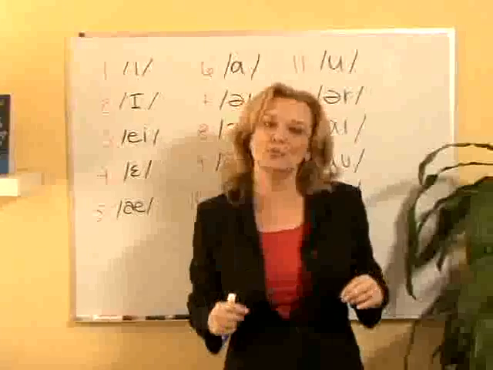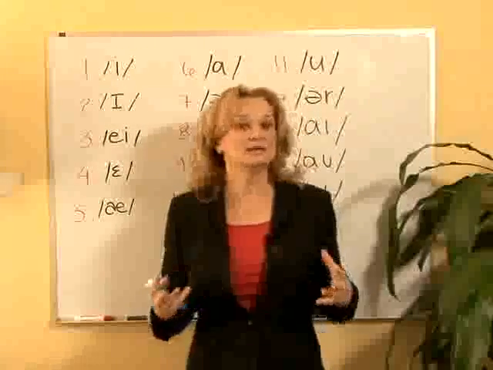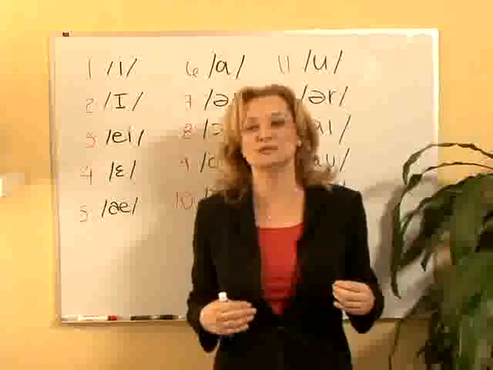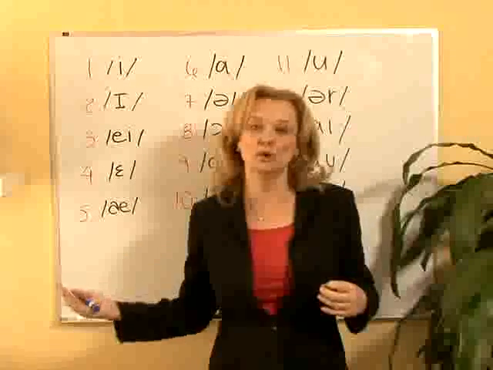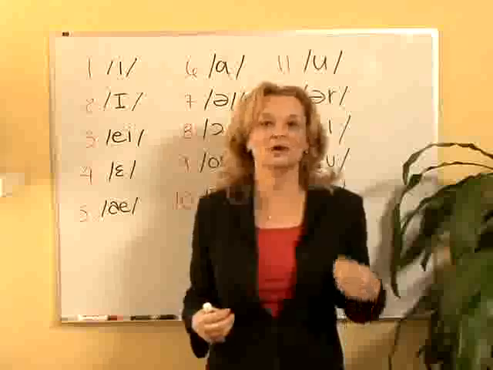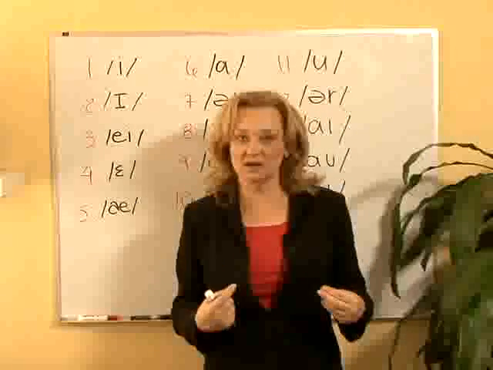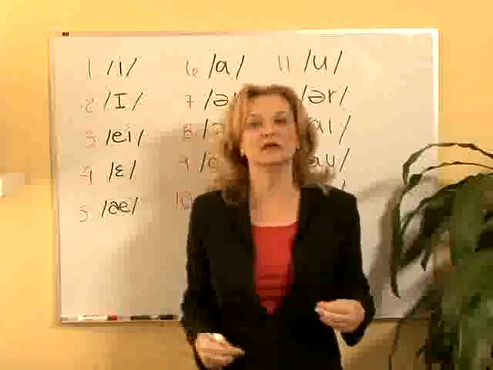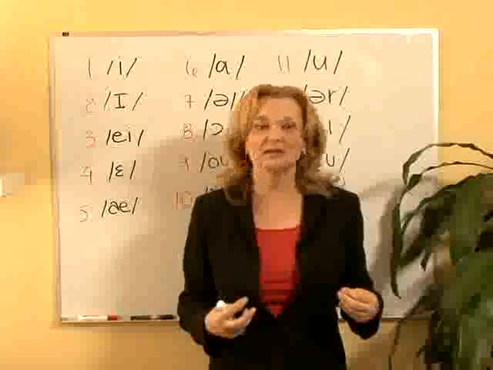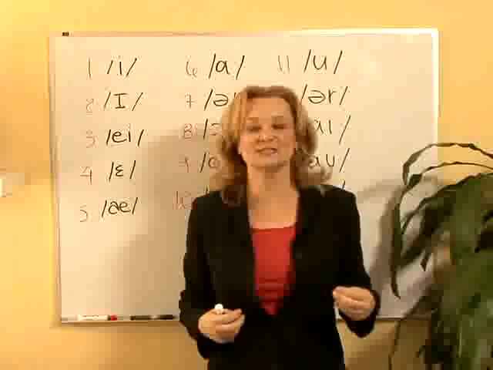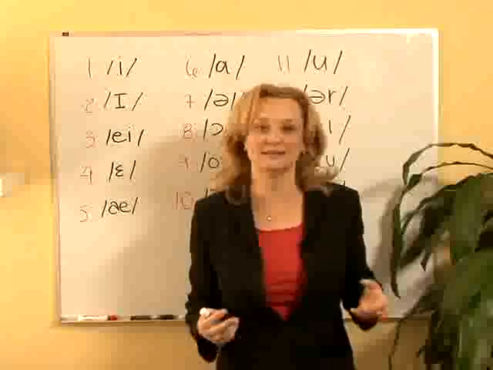So it's very important to know the difference because otherwise you might confuse words like fool and full, or hot and hut, or steal and still. Sometimes in other languages, these sounds can sound exactly the same.